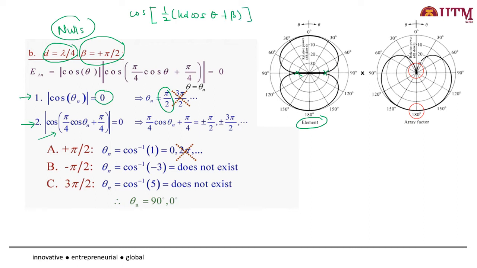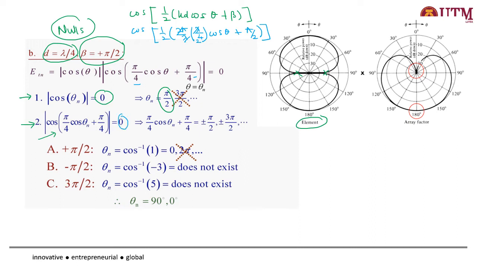With k equal to 2 pi over lambda, it's cos of one over 2, 2 pi over lambda multiplied by d, which is lambda over 4, cos theta plus pi over 2. When you simplify the equation, you get lambda over 4 and here also lambda over 4. Again for nulls it is equal to 0.